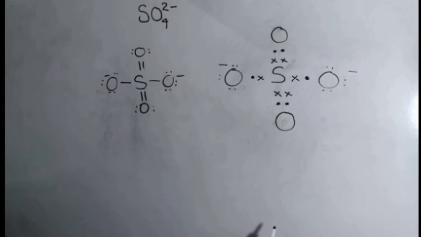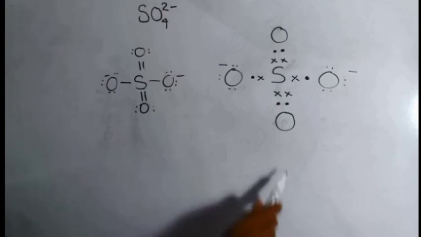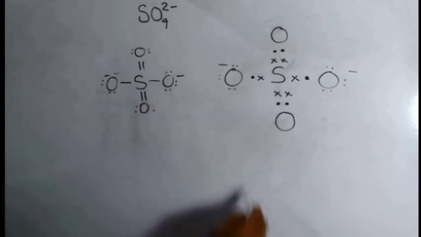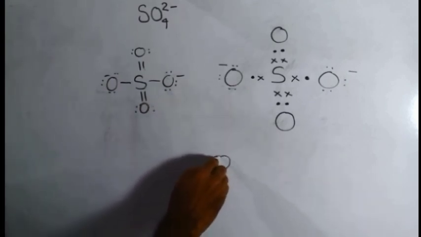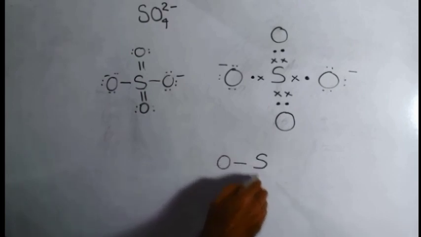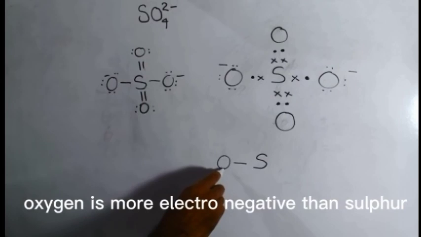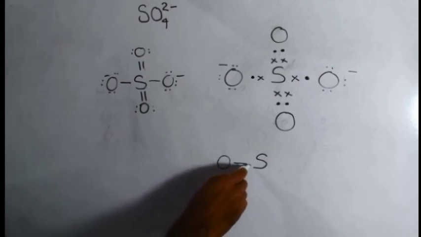When considering oxidation numbers, we have to go to the electronegativity of each element. Here, oxygen and sulfur, let us consider a simple covalent bond. So oxygen is more electronegative than sulfur.